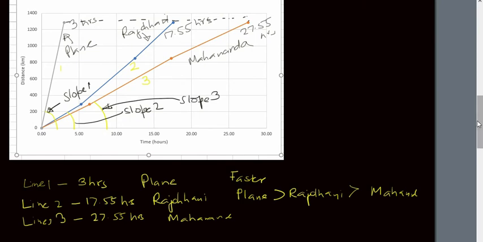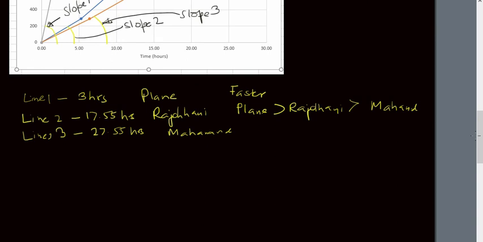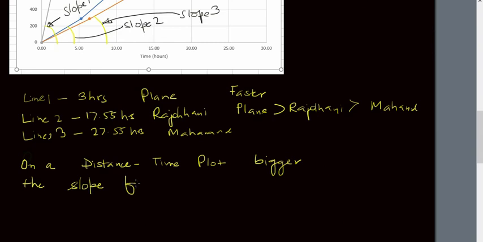So what we can say is that on a distance-time plot, the bigger the slope, the faster is the vehicle.